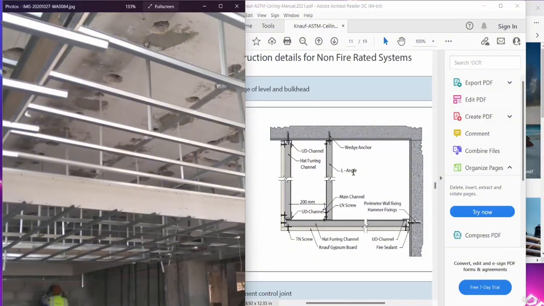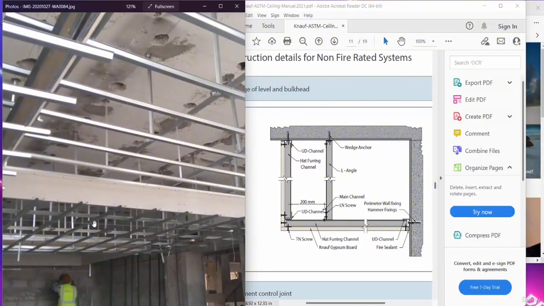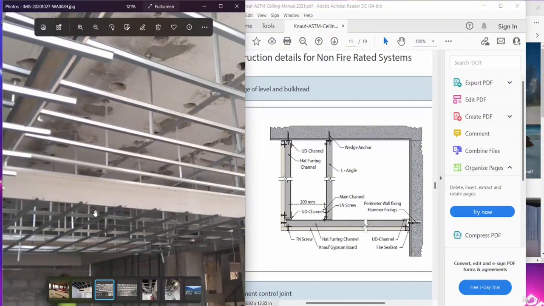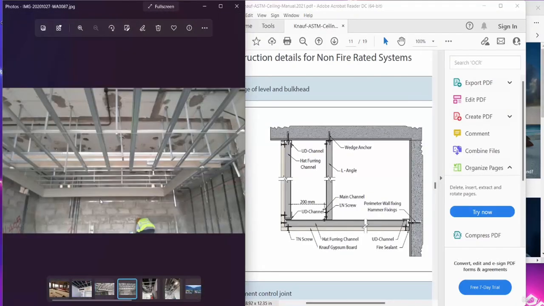This is the L angle, as you can see, and then the furring channel coming in this direction, and across it the C channel. In this vertical bar, this level is higher and this level is lower. To connect the higher level and the lower level, we always need to create a bulkhead. This is also the same example.